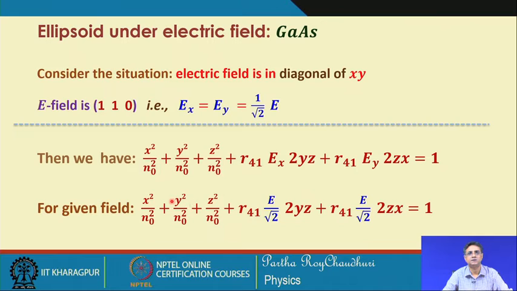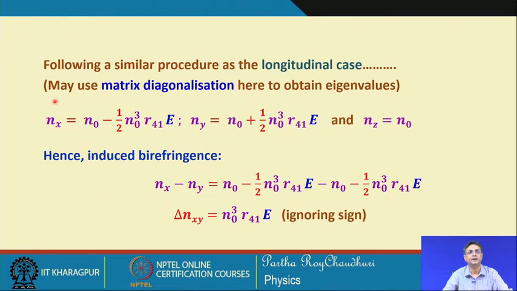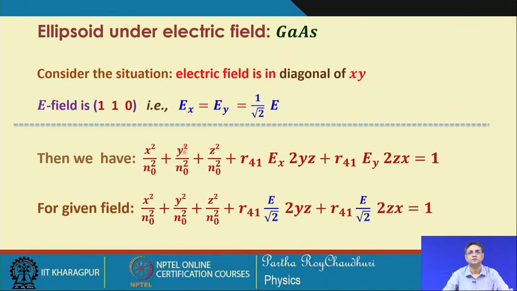If you find the eigenvalues of this matrix equation, then you can see that n x will be equal to half of n 0 cubed r 41 E, where E comes from E x times root 2, which I have written as E. Here also n y will be equal to E with the appropriate factor. Because this is E x, we will have a root 2 if you have to represent this E in terms of E x and E y.